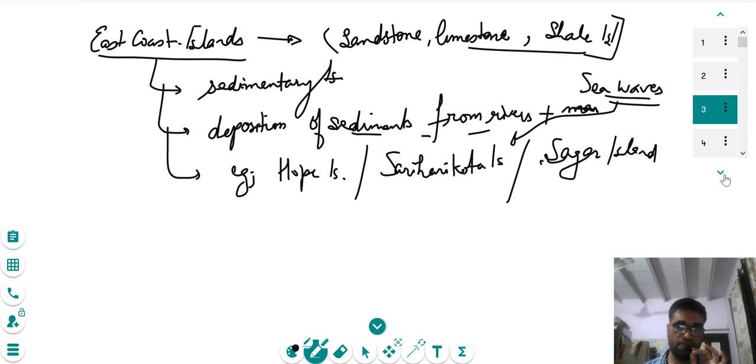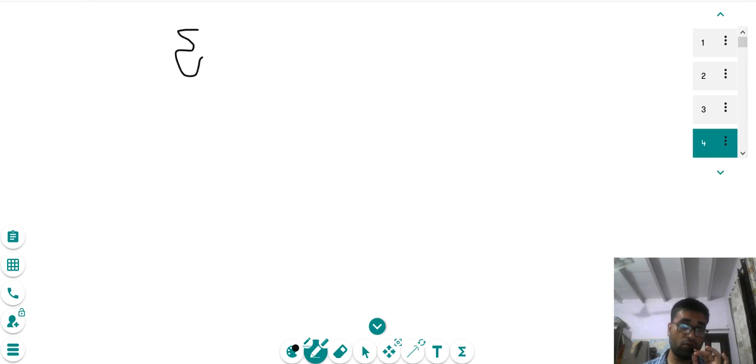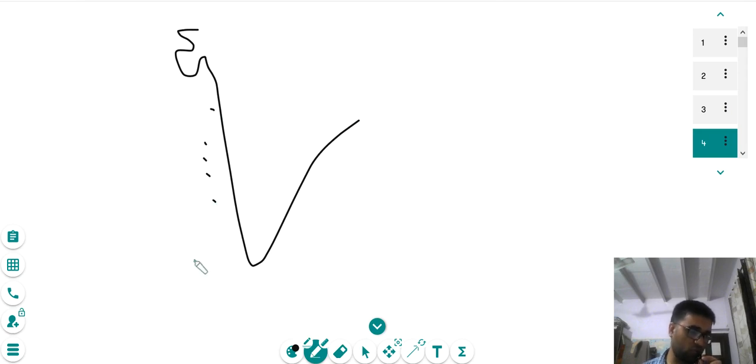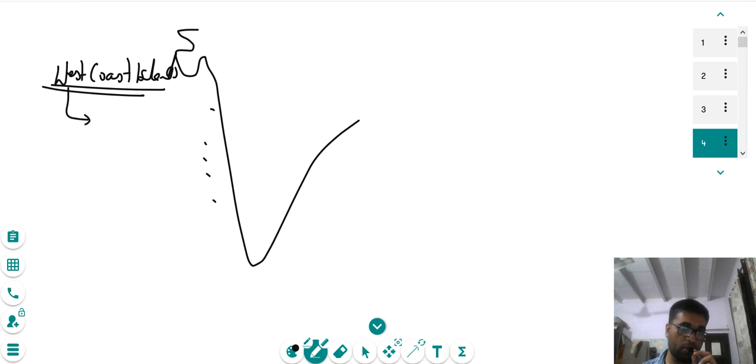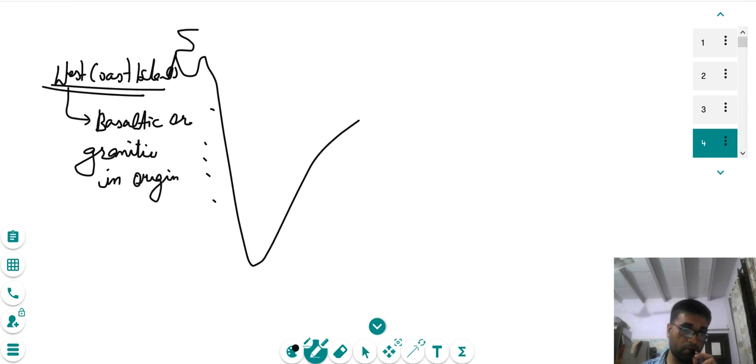Now when you see the west coast of India, from Gujarat to Kanyakumari, here also there are a number of islands, but these islands on the west coast are either basaltic or granitic in origin, right?